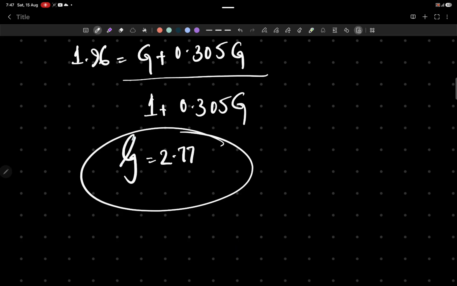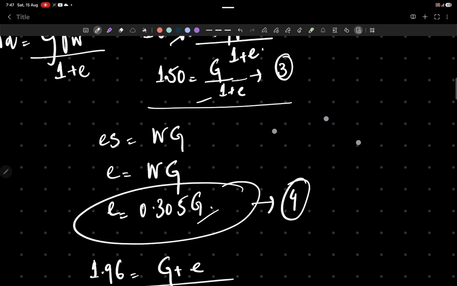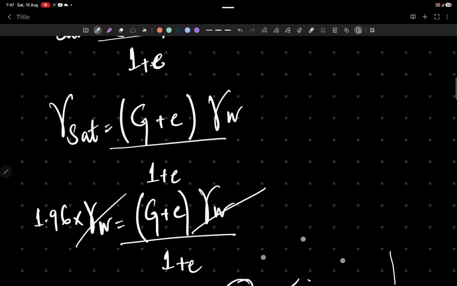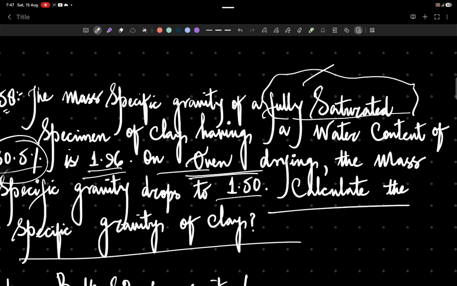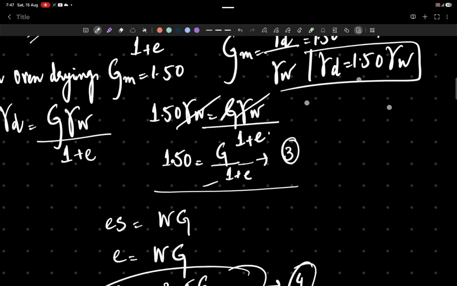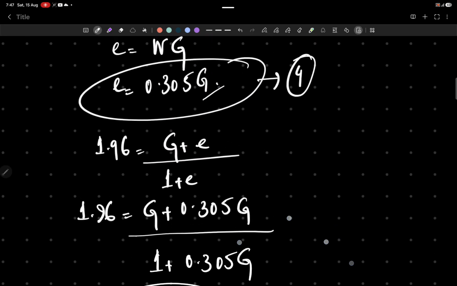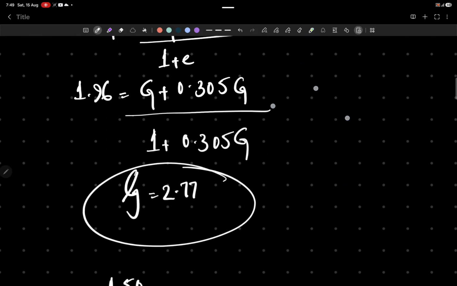Now let's assume the void ratio remains unchanged while the oven drying took place. So from equation number 3, 1.50 is G divided by 1 plus e.